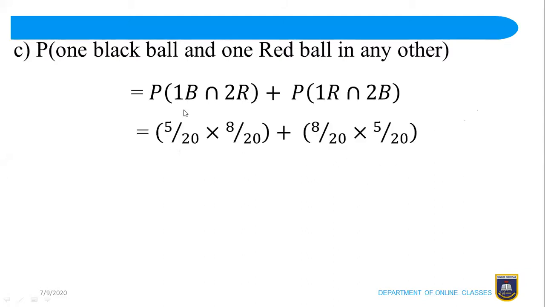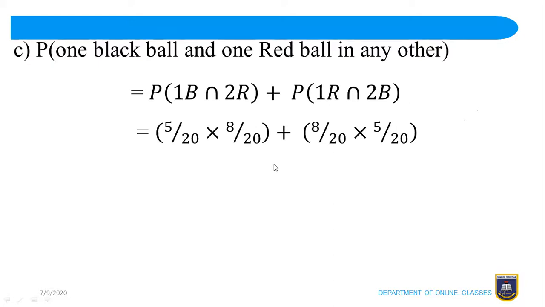This will give us 5 on 20, the probability that the first ball is black, times 8 on 20, the probability that the second ball selected is red, plus the probability that the first ball is red, 8 on 20, times the second ball being black, 5 on 20. Now, you will see that the denominators are all the same because we are selecting with replacement.